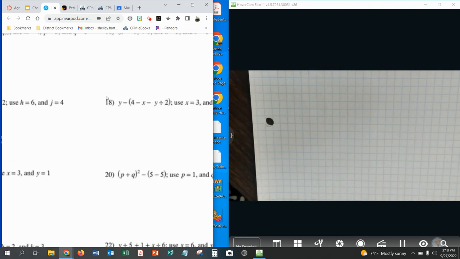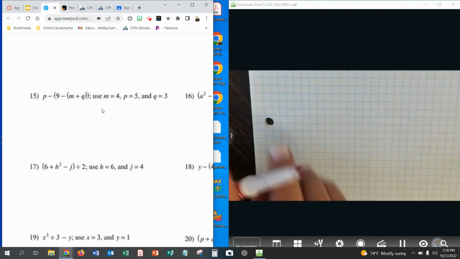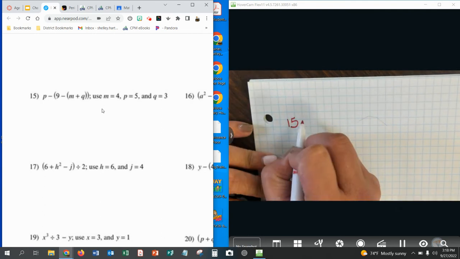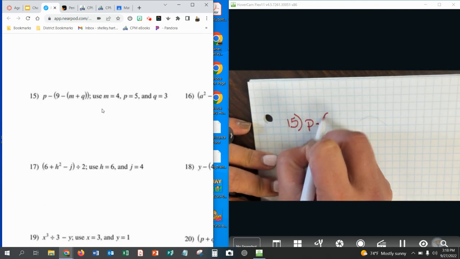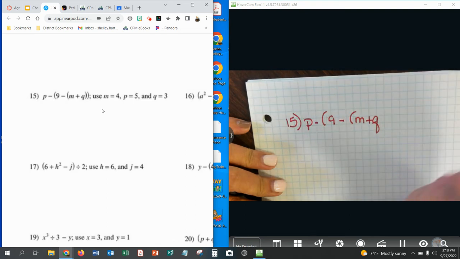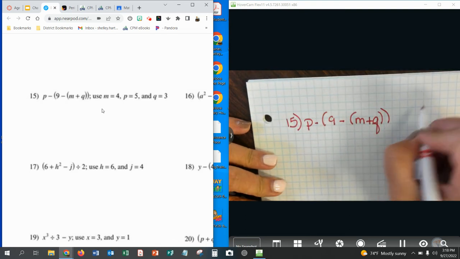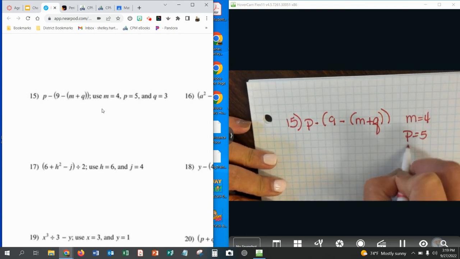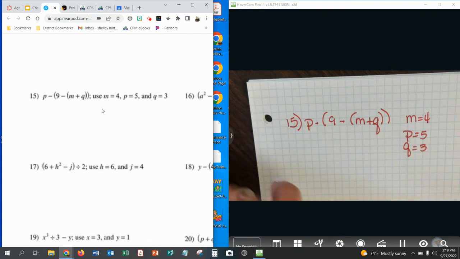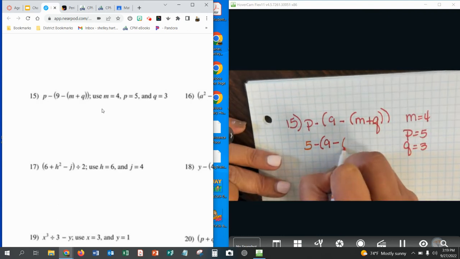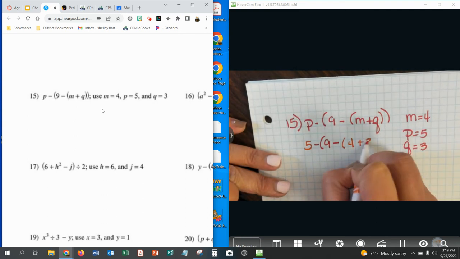So let's look at 15. We've got p minus 9 minus m plus q, in parentheses, m equals 4, p equals 5, and q equals 3. So p, we're going to plug in, is 5 minus 9 minus m, which is 4, plus q, which is 3.